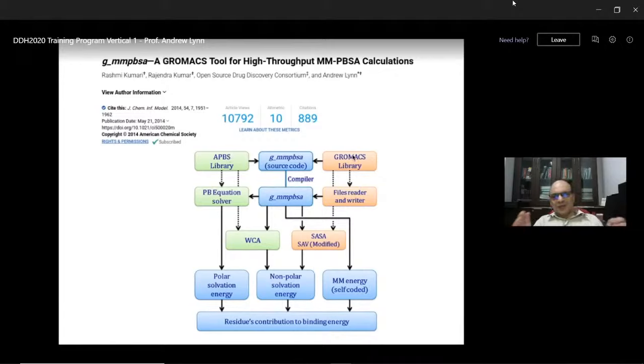So instead of taking programs, I have opened up a program and taken the functions and put them together to calculate, based on various parameters that we provided, the polar solvation energy, the non-polar solvation energy, and the molecular mechanics calculations, to be able to give me the MM-PBSA calculations for the binding energy.